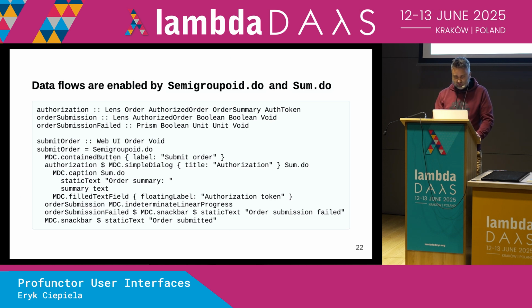Once it's clicked, the order goes further, and then we have the authorization, which is a lens that turns order to the order summary. The order summary is here printed as text. The user is asked for an authorization token, and this authorization token is mapped again by the lens to authorized order, and authorized order goes to another step, which is order submission, and order submission accepts authorized order and returns the Boolean status of the operation.